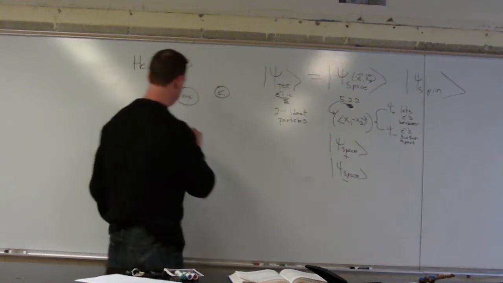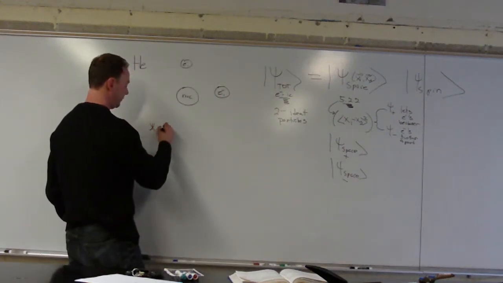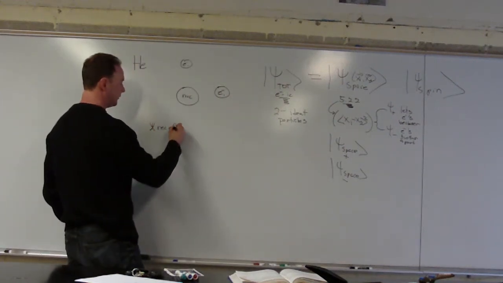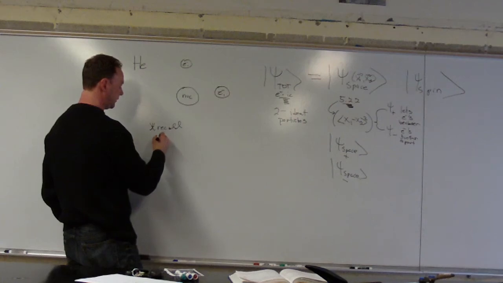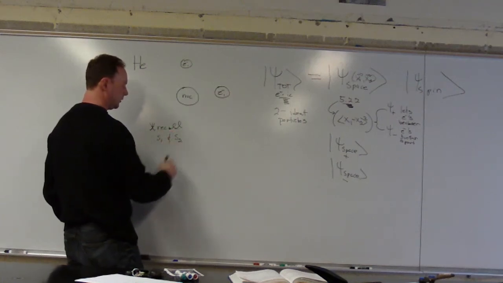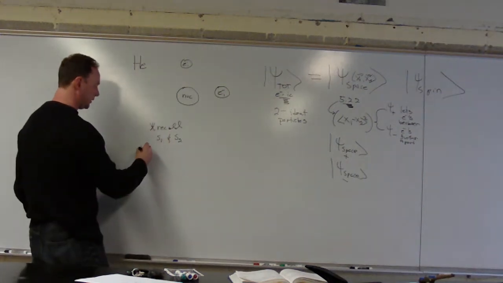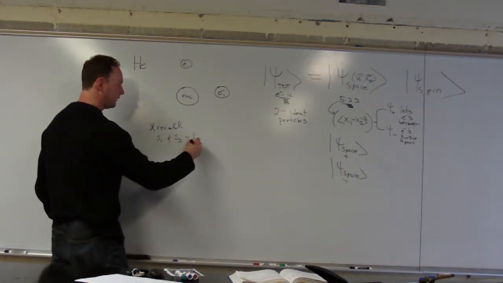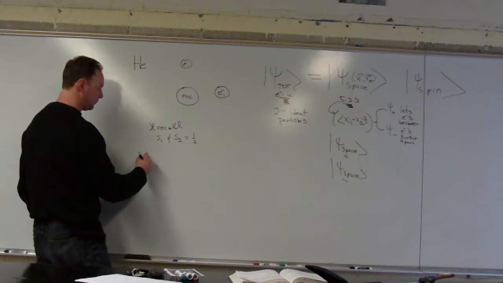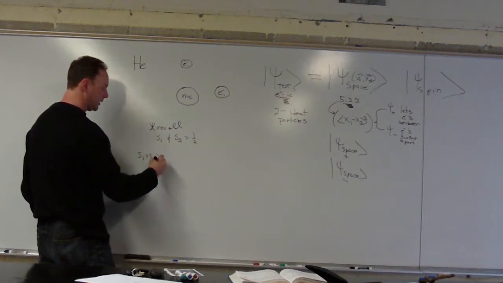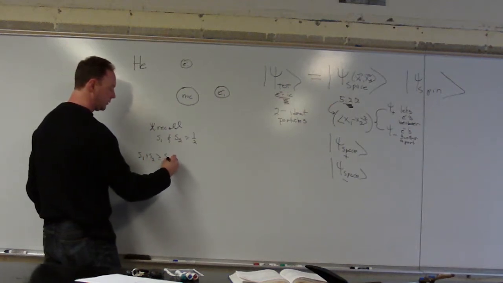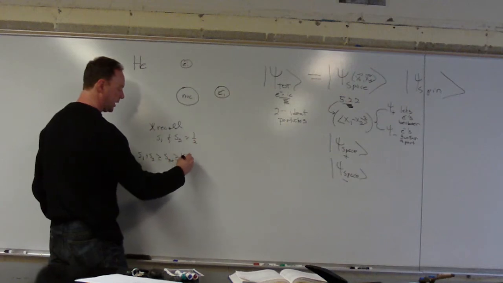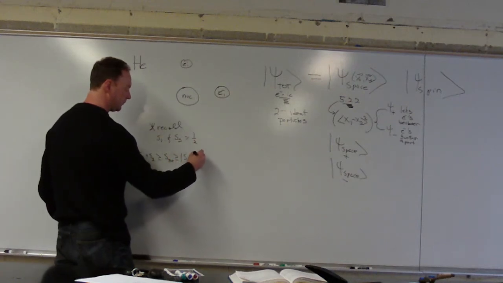So recall, here's what we did. For two spin-half particles, so here's a spin 1 and a spin 2, and they both equal a half. What we said is S1 plus S2 is greater than or equal to S total, which is greater than or equal to the magnitude of S1 minus S2.